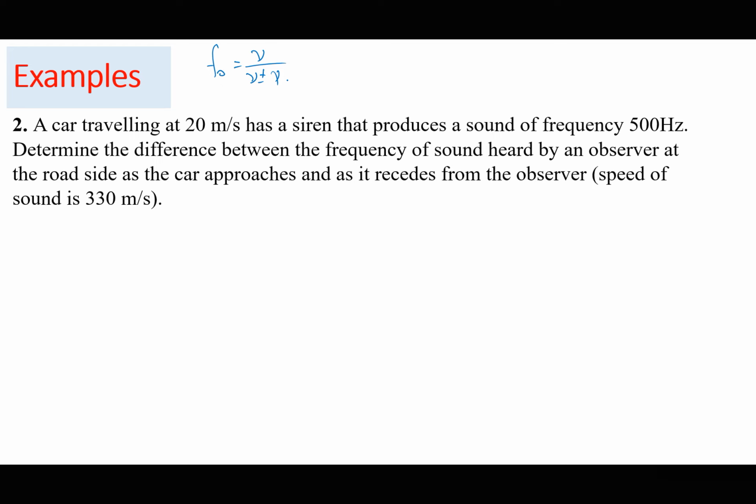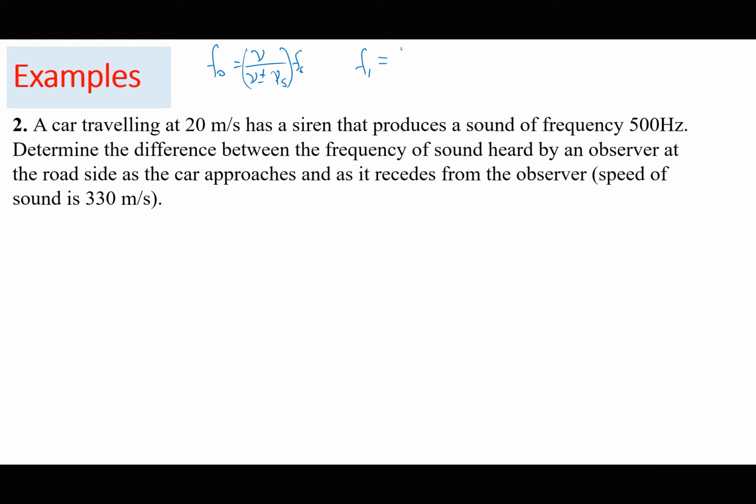vs times the frequency of the source. So let me say f1 is going to be the observed frequency towards. So f1 is going to be equal to, because it is towards, the frequency is going to be higher, so I'll use a minus.